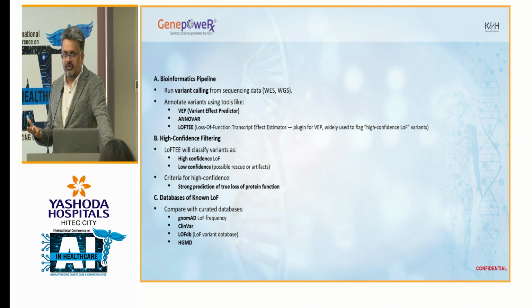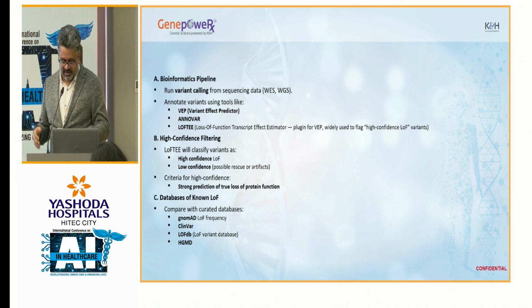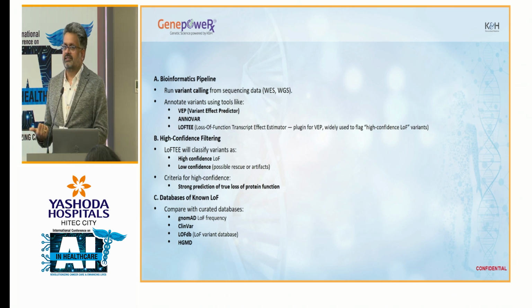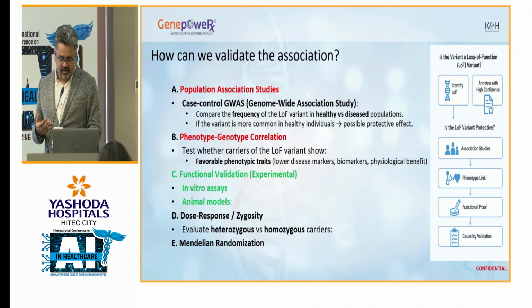So this is the bioinformatics pipeline: how we annotate, how we define a loss of function variant with high confidence. This is a variant present in this person. When we compare it with the reference genome, it shows a significant mutation, most likely stop gain, and then this is the high confidence loss of function. We accumulate all this data and add the phenotypic data into it: what is his family history, his age, his socioeconomic status, his smoking status, his alcoholism, his societal status, his marital status, his fertility status, and so on.